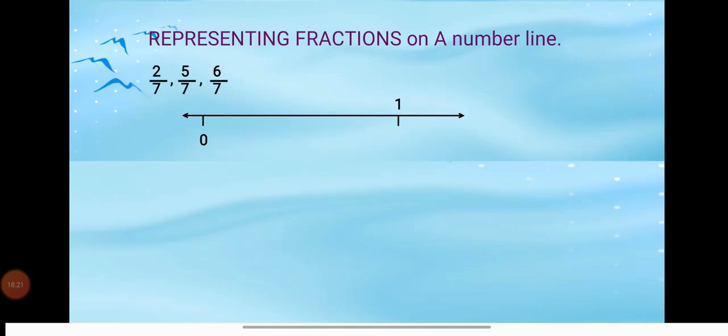So I've marked 0 as a starting point and 1 as an ending point. If you see the denominator, you will mark 7 markings at equal intervals. So we'll have 1, 2, 3, 4, 5, 6 and 7.